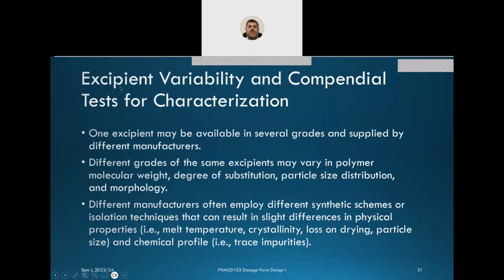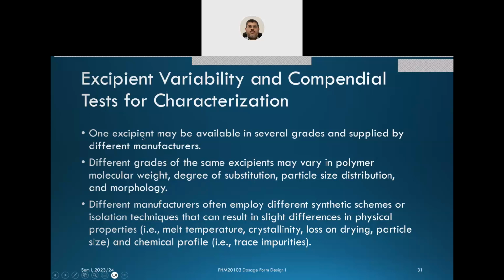As we mentioned before, we gave an example: compendial tests required for characterization of excipients. There is a monograph for each excipient, and there are tests that should be performed, but keep in mind there are a lot of variabilities among excipients.